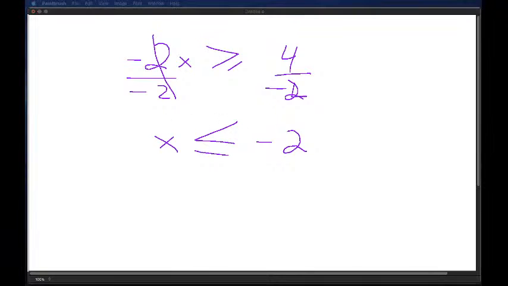So, inequality test. Or let's see. That one's too easy for you, too easy.